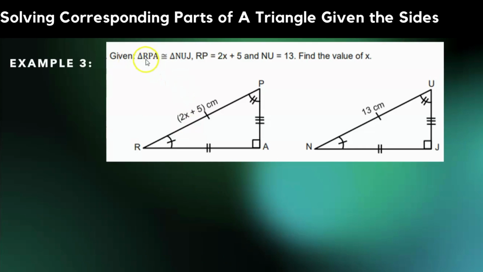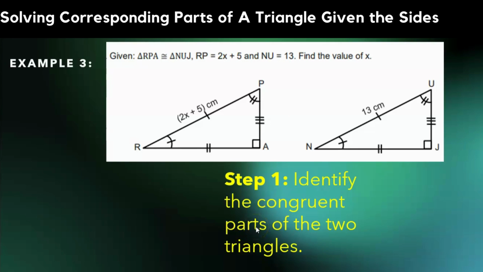Given triangle RPA congruent to triangle NUJ. RP is equal to 2x plus 5 and NU equals 13. Find the value of x. Again, ang step 1 natin is we're going to identify the congruent parts of the two triangles.